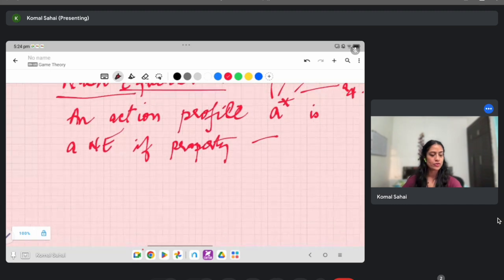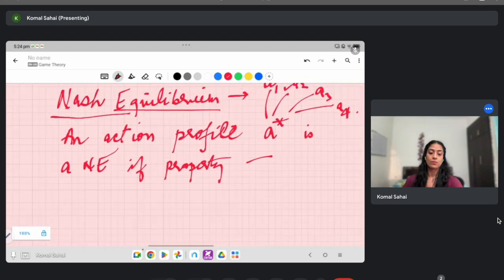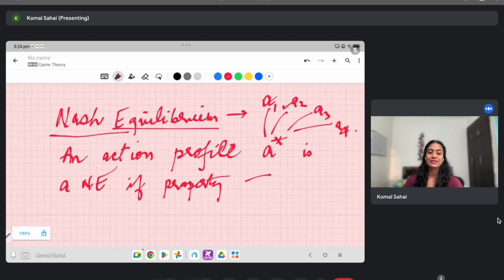The property that it satisfies is that no player can do better by deviating from the action that this action profile specifies, while the other players are sticking to the A star action profile, right?